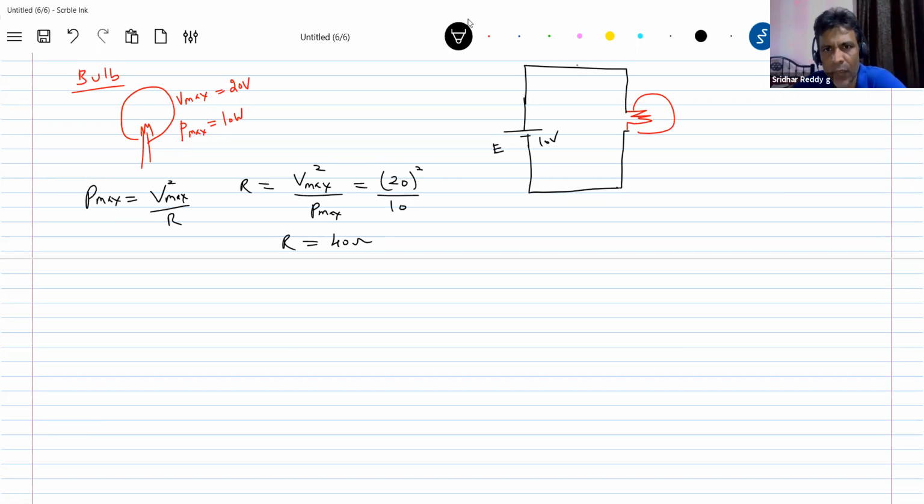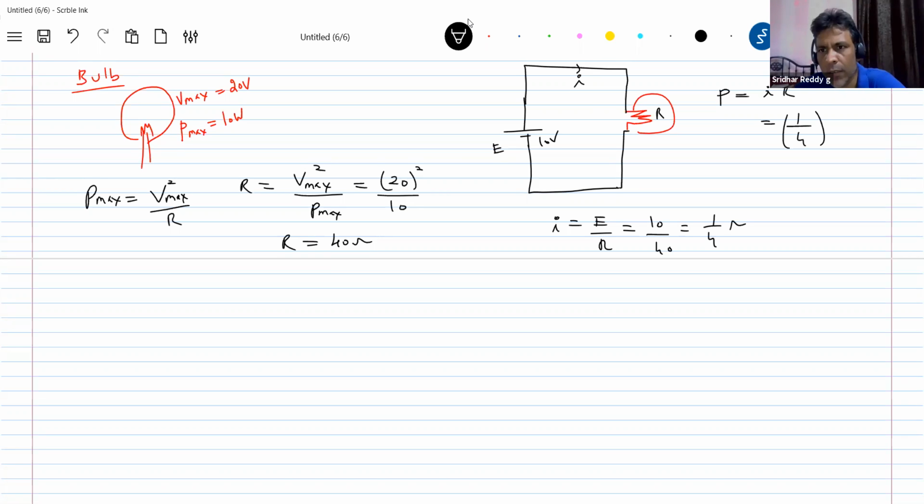A current I will flow. This has a resistance R. What is the power dissipated in the bulb? P should be equal to I square R. So what is I equal to? E by R, 10 by 40, or 1 by 4 ampere.